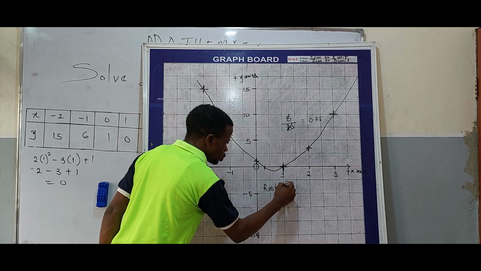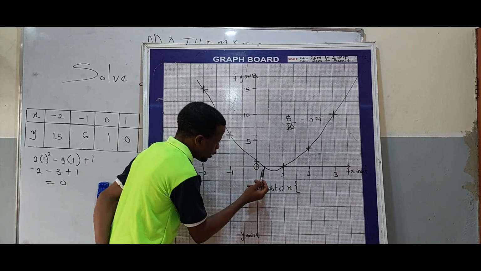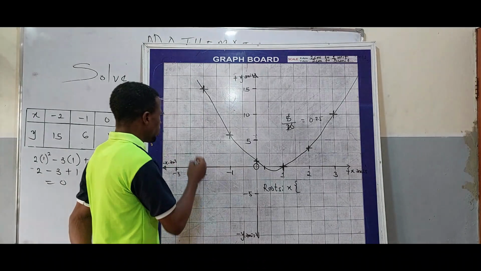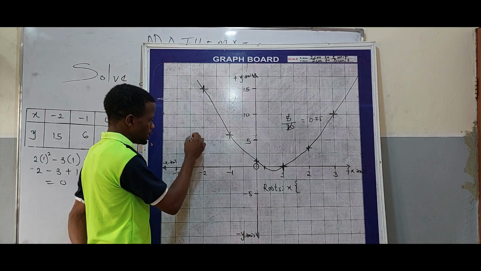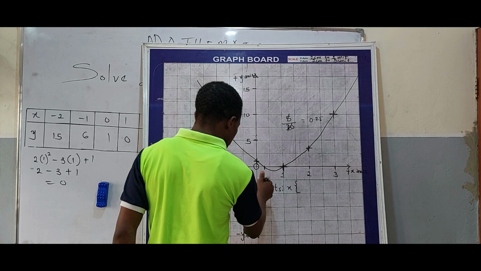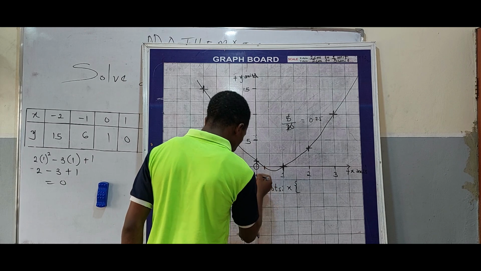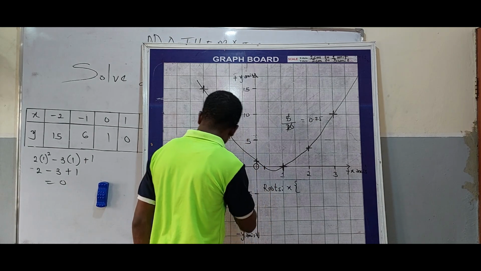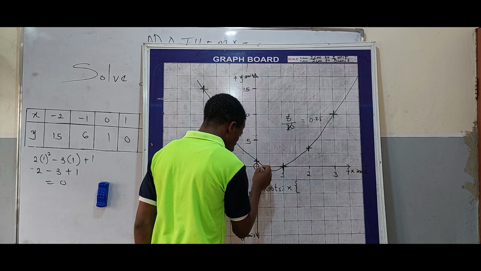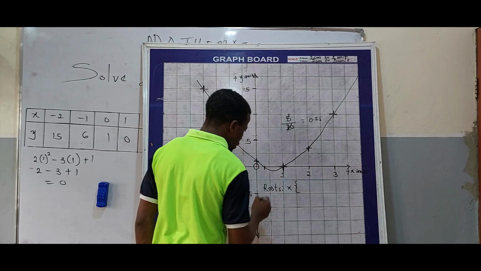So the roots, which we call values of x, will be what? This is 10, 10. So that is 20. So I have 1 divided by 20. This is 10. So I have 0.1, 0.2. Okay, let me count it this way. 0.1, 0.2, 0.3, 0.4, 0.5.